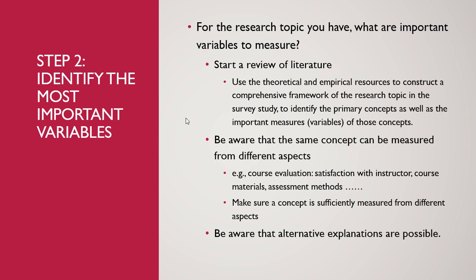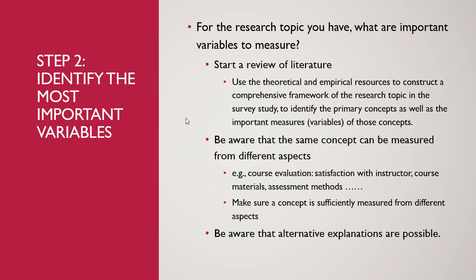You will learn from the theoretical and empirical resources in order to construct a comprehensive framework that supports your research objective, and the framework will in turn guide you to identify the important measures that you need to answer the research questions.